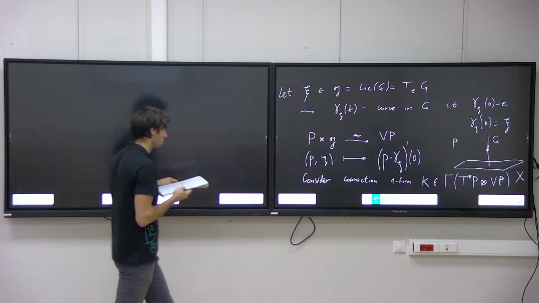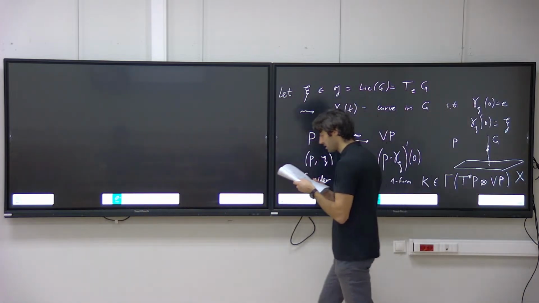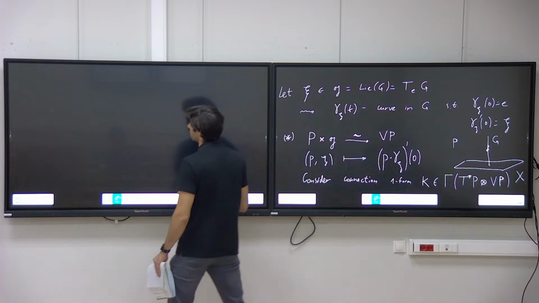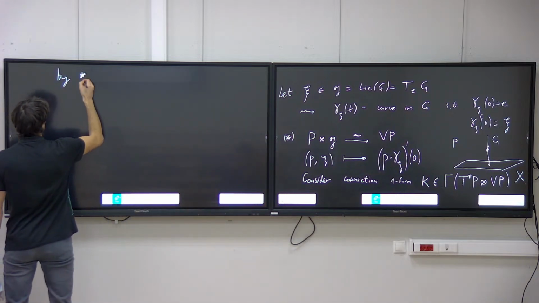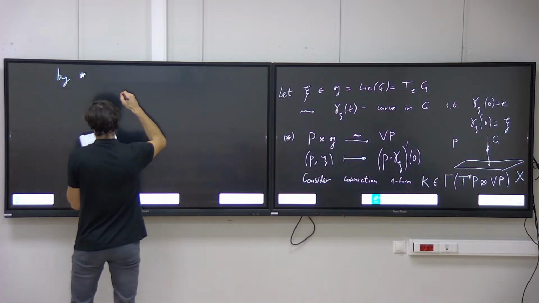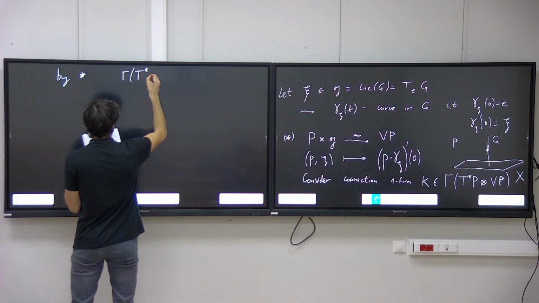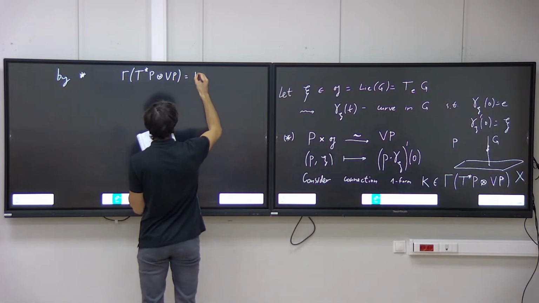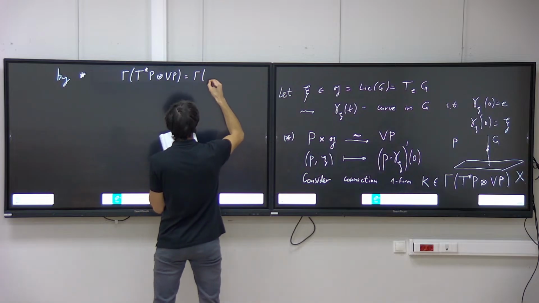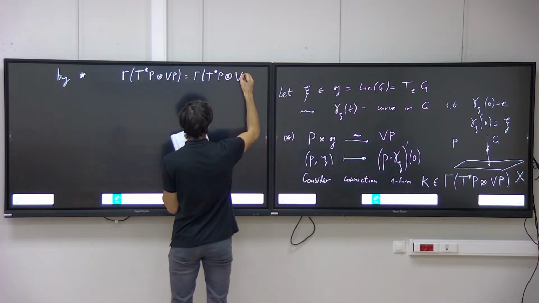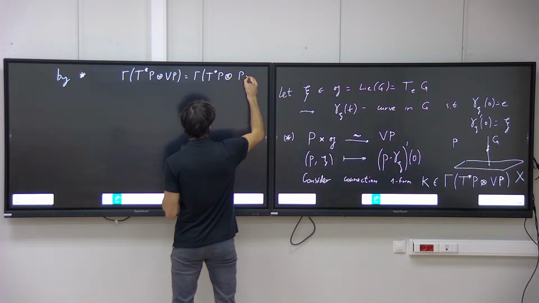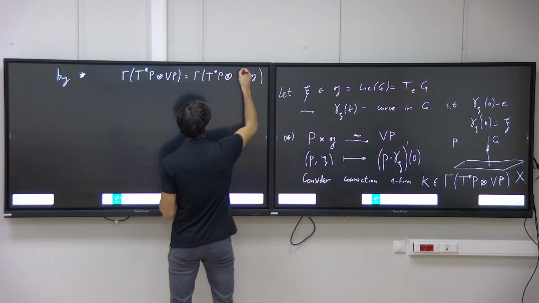All right. So what I'm saying is that if I use this identification, let's call it star, a section of this bundle is the same as a section of this bundle, T star P tensor P times G. Like this.